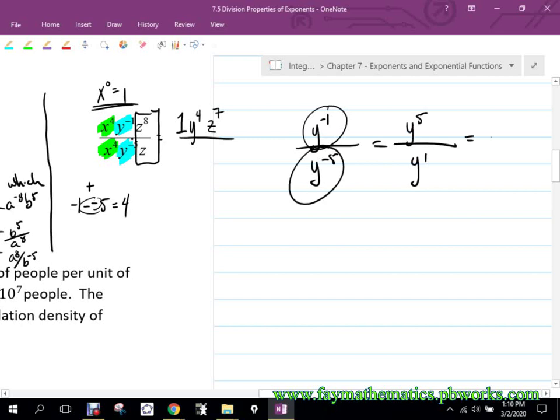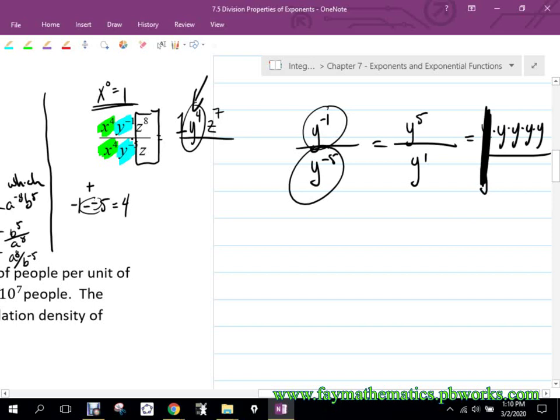And that y to the 5th means y times y times y times y times y, right? And the y to the 1st just means y, right? Those cancel, and I'm left with y to the 4th. And where does it belong? In the numerator, right? Is that where we're seeing it show up here? That's in the numerator, isn't it?